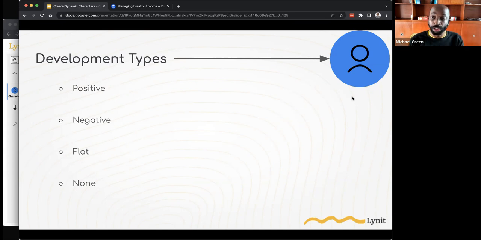So this is great for villains, for example, where you're really just introducing the villain and the reader is learning more and more about the villain's motivations and their challenges. And it can be a flat arc because the villain doesn't change, but you learn more about them, so your experience of the character is a deeper experience.